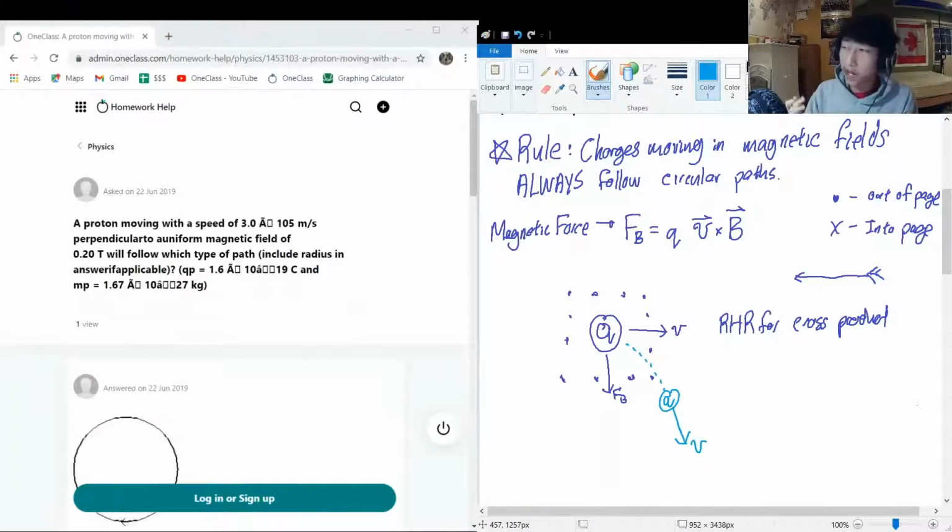Now if we recalculate the magnetic force at this point, at this lighter blue Q, assuming the magnetic field is all throughout and always constant, you always have to assume that the magnetic field is constant for circular motion. So the B field is going to be the same. First we have our fingers follow the velocity, and then curl them towards out of the page, that's the B field. We can see that our magnetic force is where our thumb is pointing, which is here.